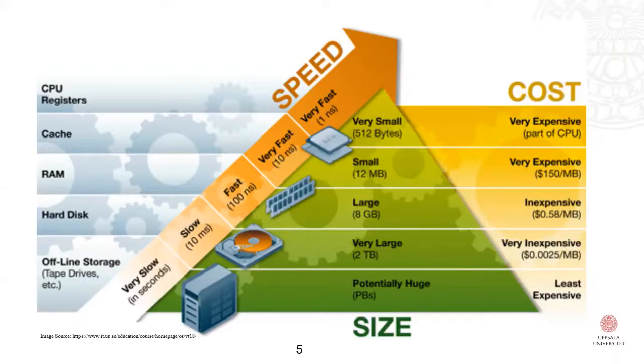So these first three are the primary memory that are used for processes that are running on your system. After that comes the secondary memory, for example, hard disk, and offline storage is a different kind of storage. For example, when you store your data on a server somewhere else outside your computer. And these kinds of memories are huge.